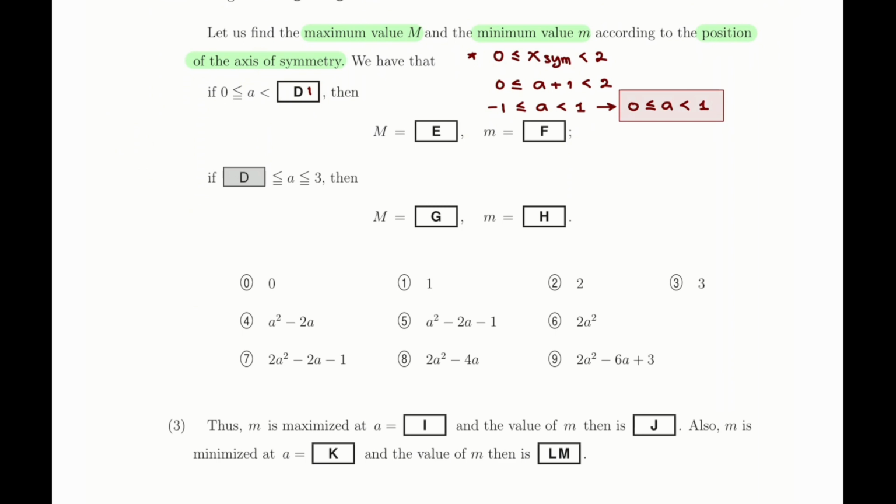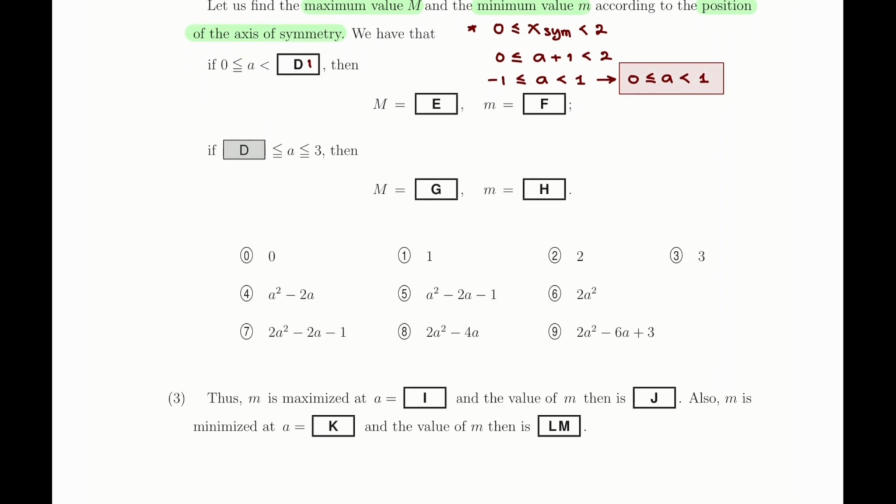In this case, the maximum value and the minimum value of the function is equal to blah blah blah. Now I need to imagine the curve of the quadratic function above.